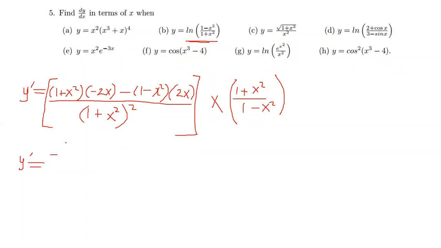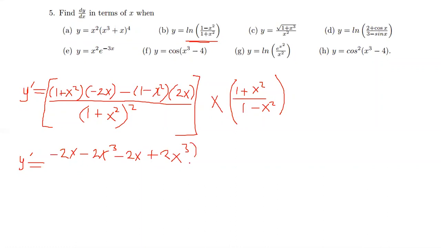When you multiply everything there, you're going to have negative 2x, then minus 2x to the power 3, and then minus 2x, and then plus 2x to the power 3. Yeah, so this is what I'm going to have.